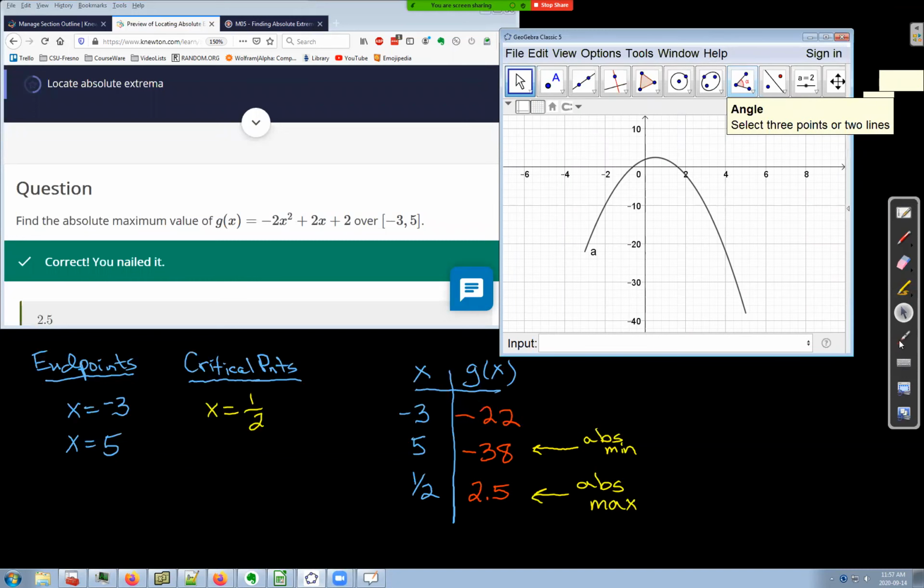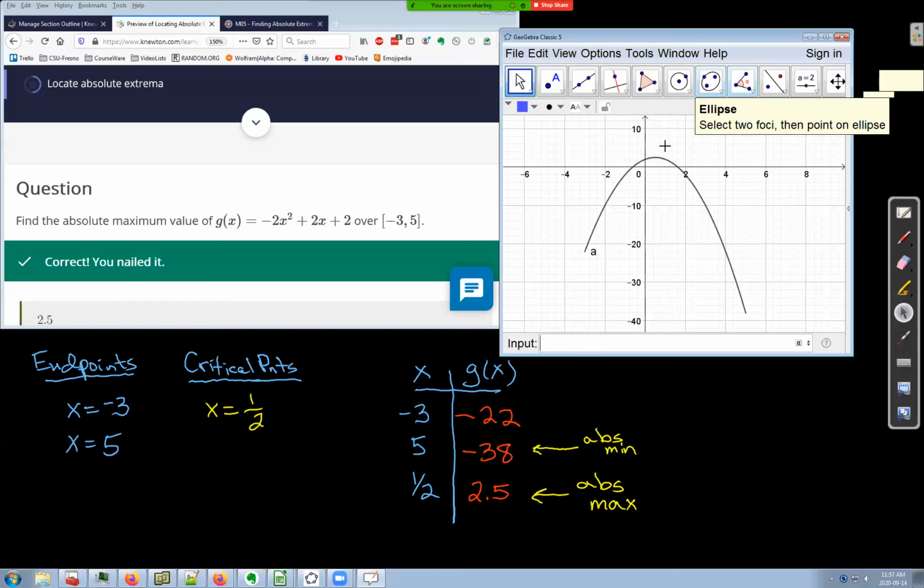We can see that, sure enough, it looks like we have a maximum at about x is 1/2 and y is about 2.5. If I wanted to, I could even plot that point. Let's plot the point 1/2 and 2.5.